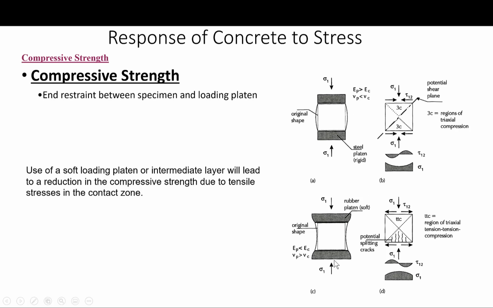Now if we reduce that friction by using a soft material or any other means, you can see how we will get rid of that confining compression here. So the area will actually be subjected to tension, rather than compression.